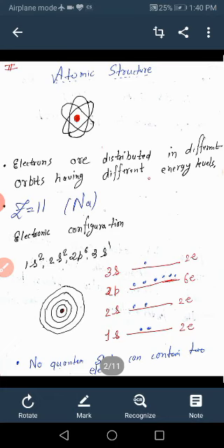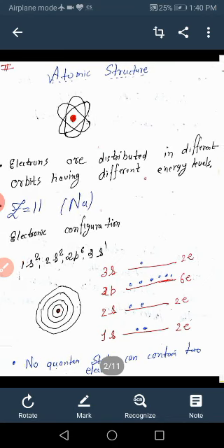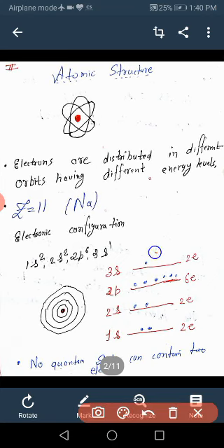The force between the electron in the 3s state and the nucleus is the least, and that is why we can take this electron out of this atom very easily, just by giving some energy, by some light, some heat energy, or some other source.